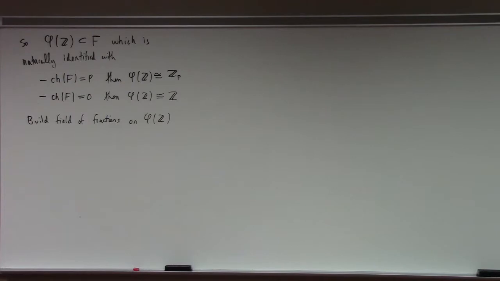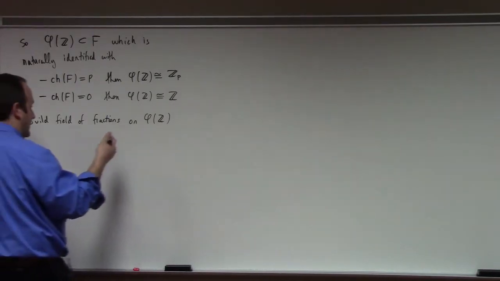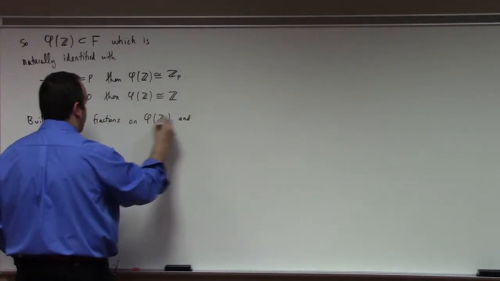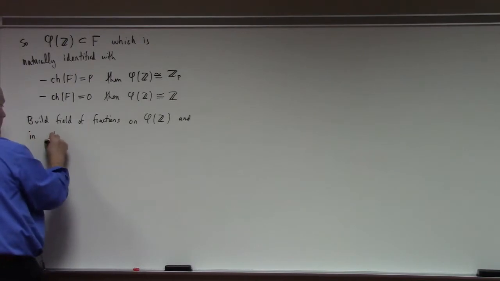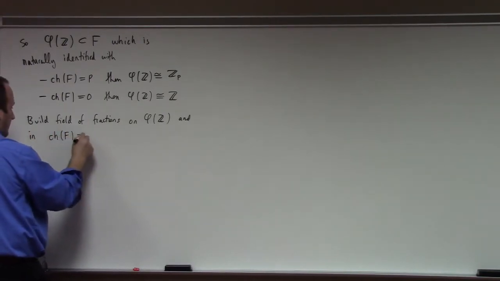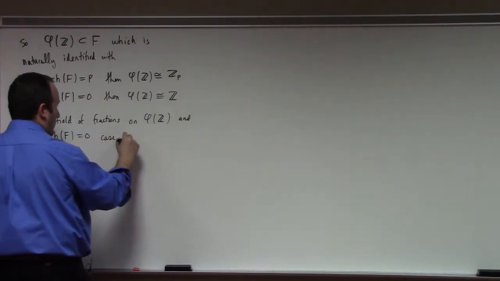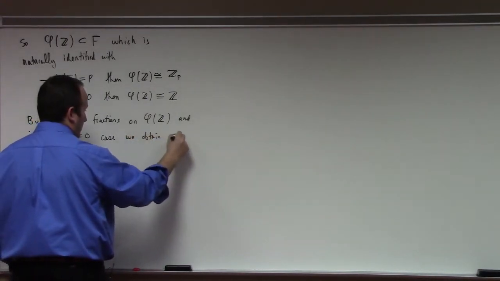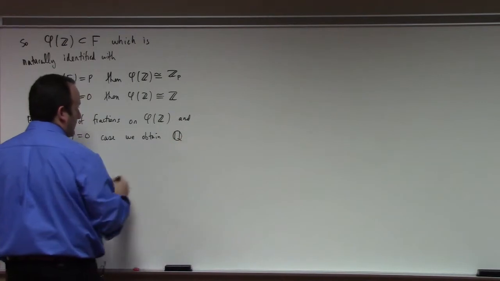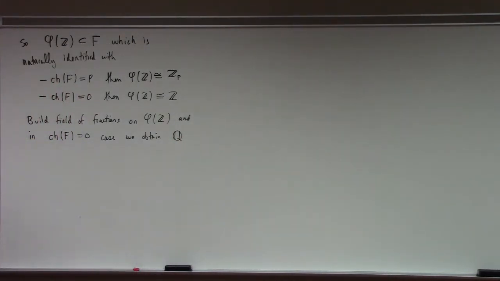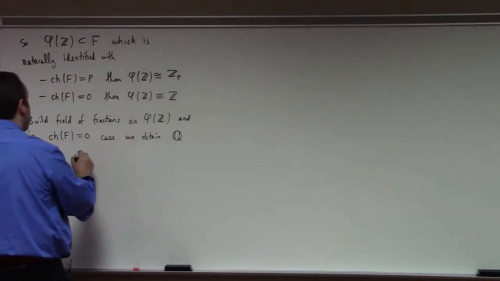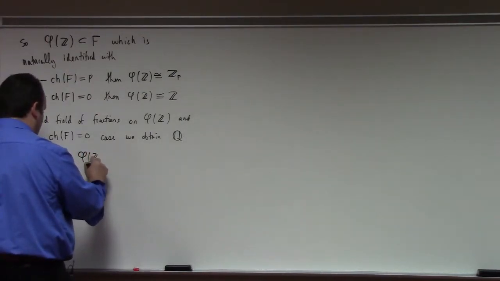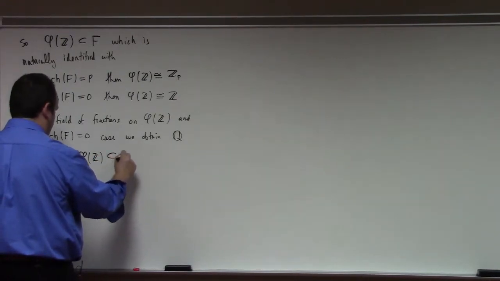But in the characteristic 0 case, we obtain Q, right, as the field of fractions of phi of z. But think about it, right? You have phi of z is a subset of F, right?